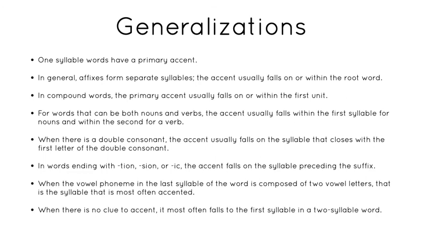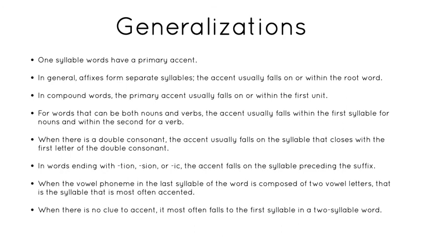In general, affixes, prefixes, and suffixes often form separate syllables, and that accent usually falls on or within that root word that the affix gets attached to. In compound words that bring two words together, that accent usually falls on the first unit of the compound word. And for words that can be both nouns and verbs, like garden, the accent usually falls on the first syllable for nouns and on the second for the verb.